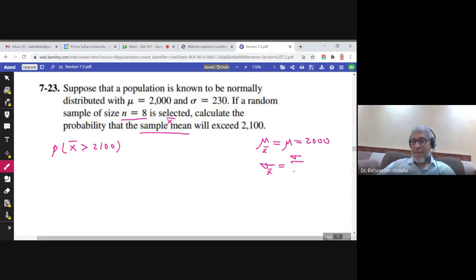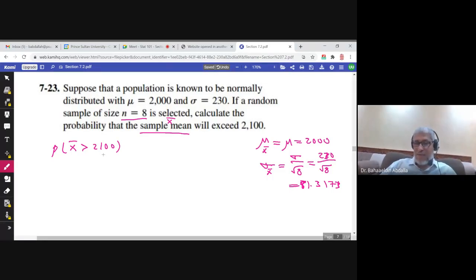It is the standard deviation of the population over square root of 8, so it is 230 over square root of 8, which is 81.3173 if I take 4 decimals. So this is the standard deviation of the sampling distribution of X bar.